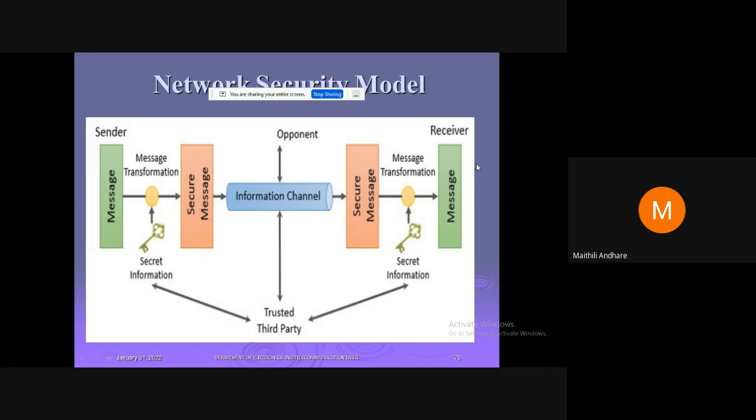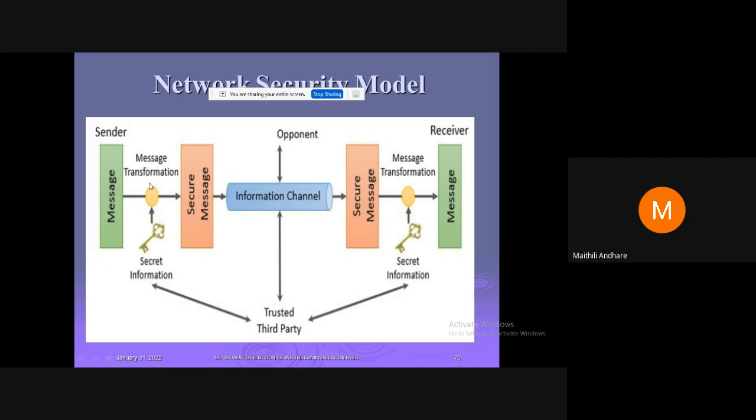When the sender is sending data to the receiver through different channels, there will be an opponent, an attacker, an intruder. So as to get rid of that, we have to make our message a secure message. When a sender is sending the message through the information channel, before that, this is to be done.